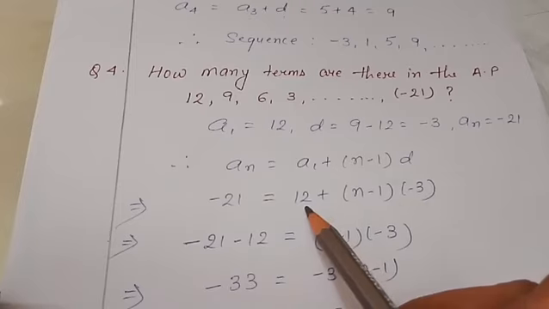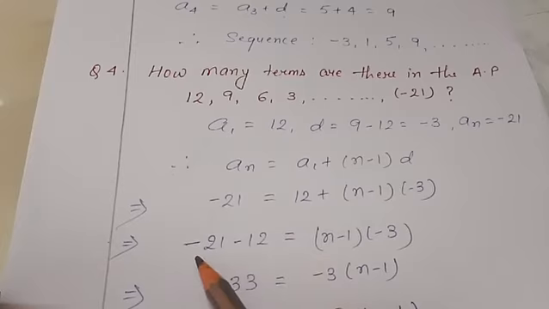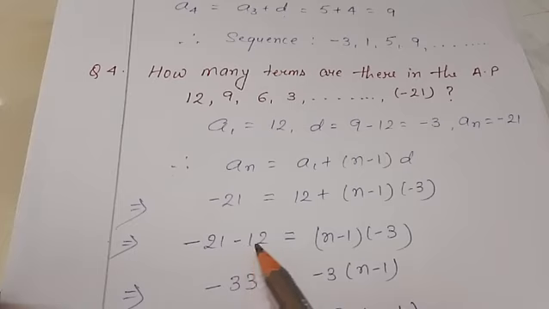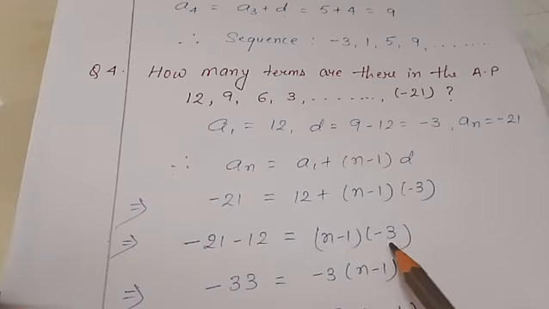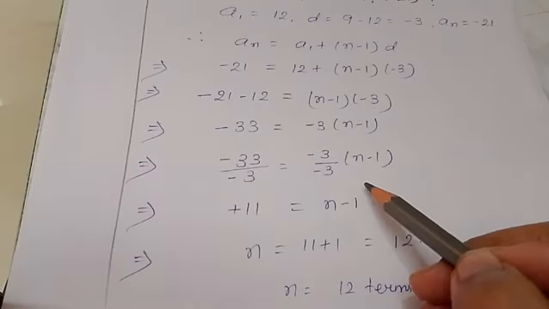Move 12 to the other side. Therefore, minus 21 minus 12 is equal to n minus 1 into minus 3. Minus 21 and minus 12 becomes minus 33 is equal to minus 3 into n minus 1.